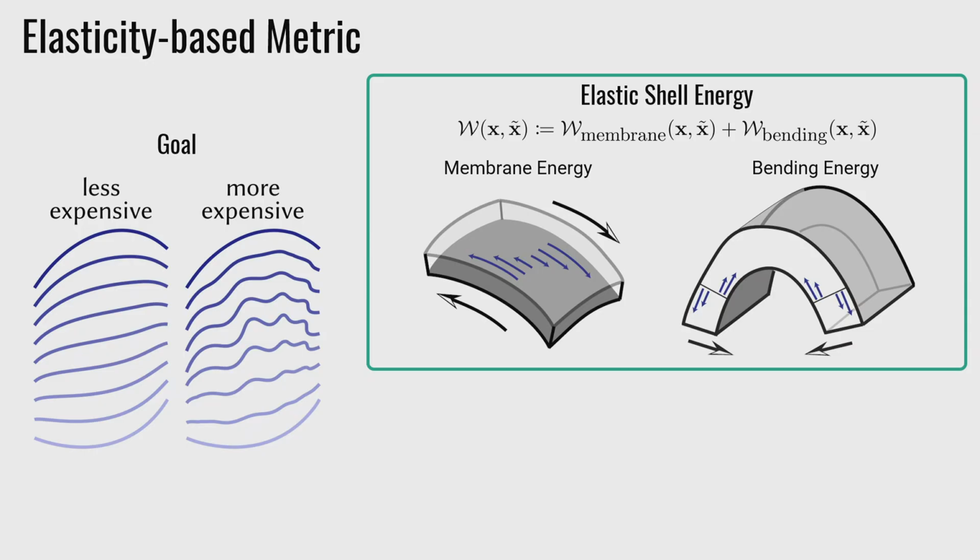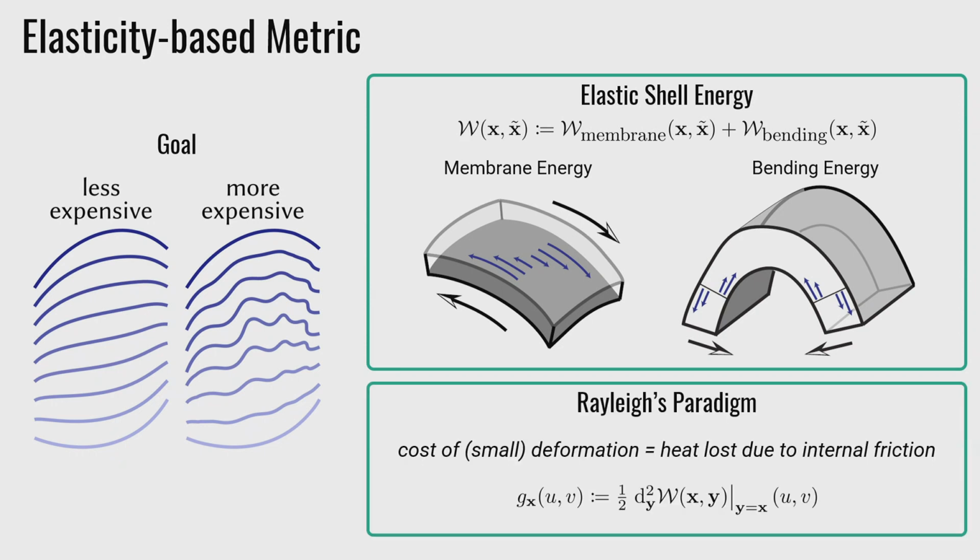The cost of going from one to the other is given by two components: a membrane energy, which is tangential stretching, basically how my single triangles are warped, and a bending energy that describes, as the name says, bending, so how the curvature of my object is changing. We'll see in a second in more detail how this looks on the discrete object.